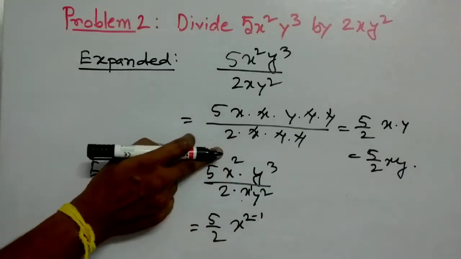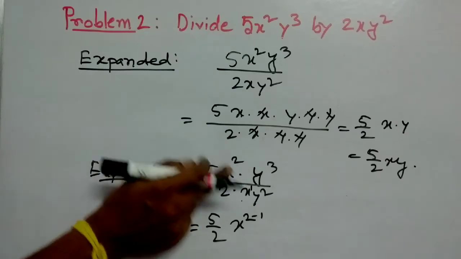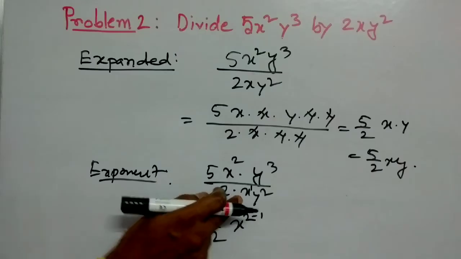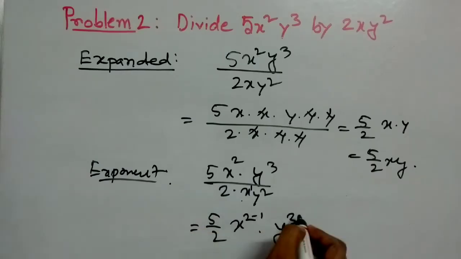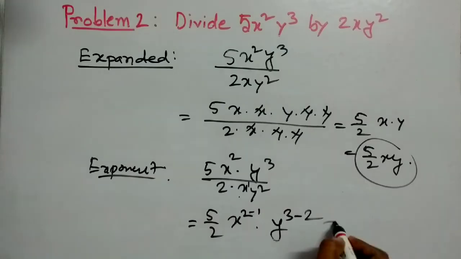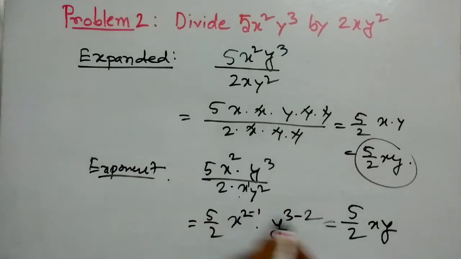So the power of x in the numerator will subtract the power of x in the denominator. Similarly, the power of y in the numerator, that is 3, will subtract the power of y in the denominator, that is 2. That equals 5 by 2 xy, because 2 minus 1 is 1, 3 minus 2 is 1.